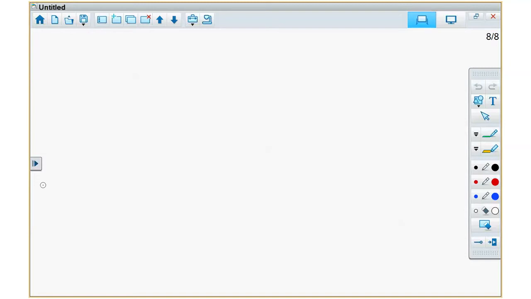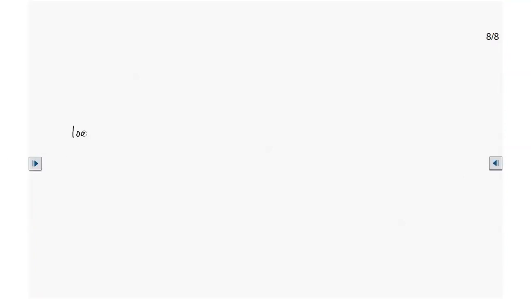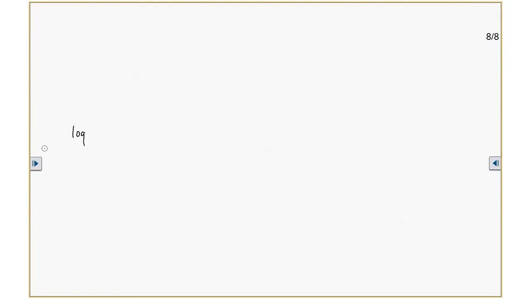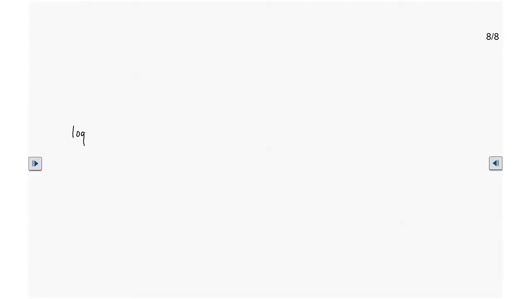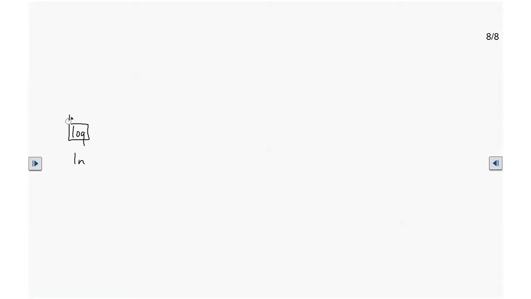On the lower left-hand side of the TI 83 or 84, down around the bottom left corner, you'll see the natural log key. You'll see the LOG key. And right above it probably, unless you have it below, you'll have an LN key. Or on top of the LOG key, you might have an LN in the second function.